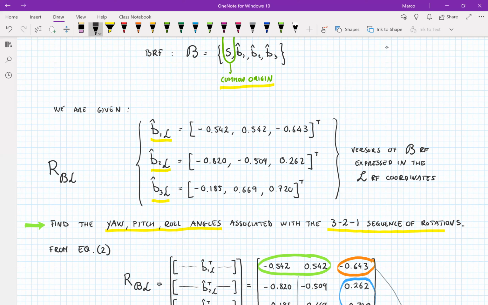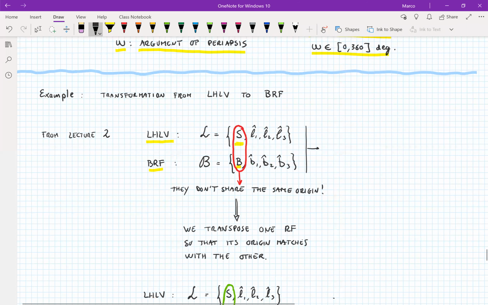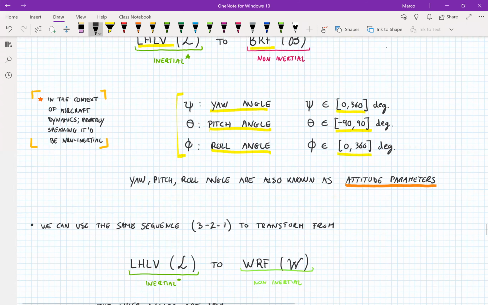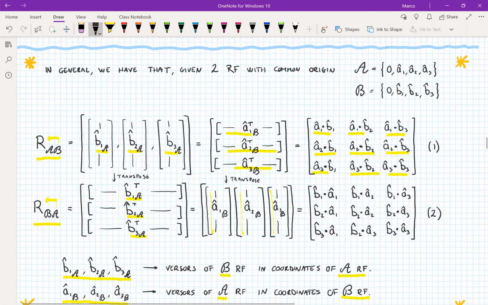And if we go back, just to draw the parallel with what we saw, we had RBA, and we go back to these useful relationships.